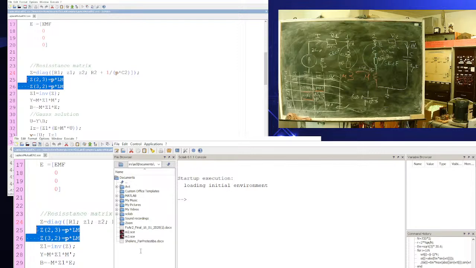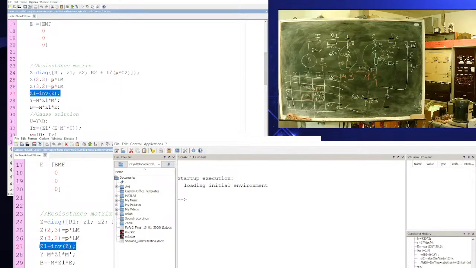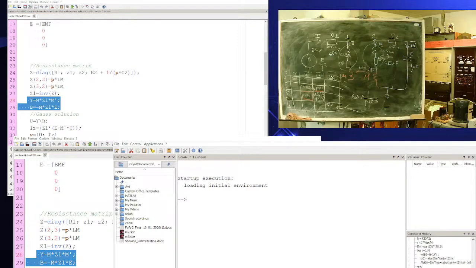These two are marked in red on the table. Since I need inversion of this matrix, I use built-in inversion function.